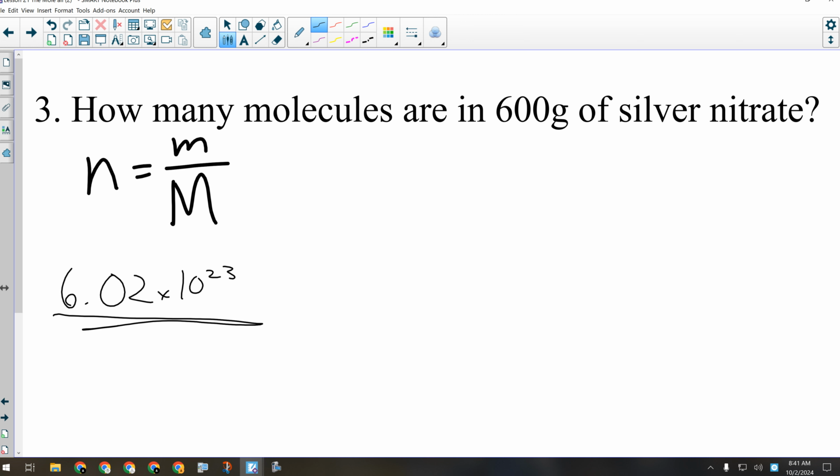You just did the opposite of what I asked you to do before. That's how type 3 and 4 work. The extra step is you're either multiplying by Avogadro's number to calculate the number of molecules, or you're given the number of molecules and you're dividing by Avogadro's number to get to the number of moles. That's all you'll ever do with Avogadro's number. You are only ever going to multiply by it or divide by it.